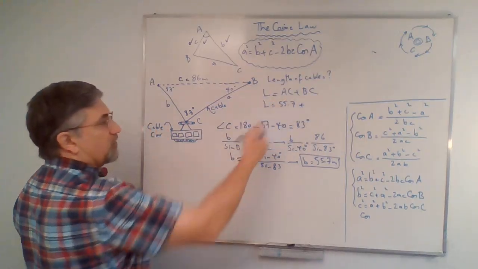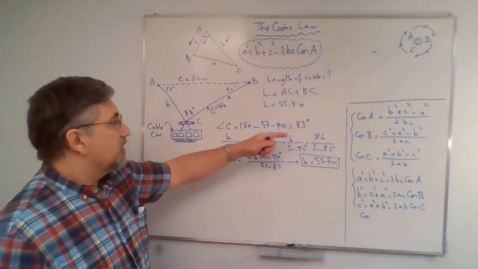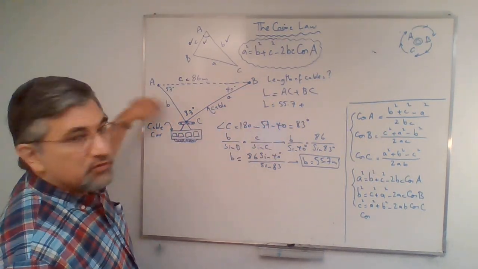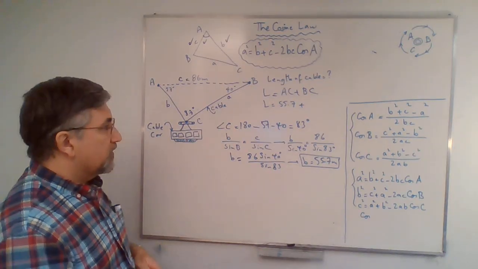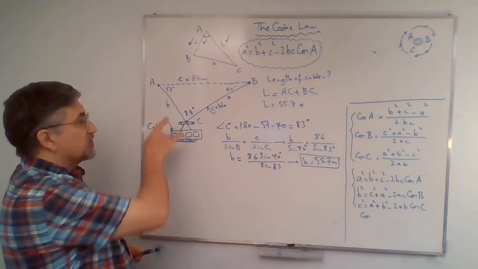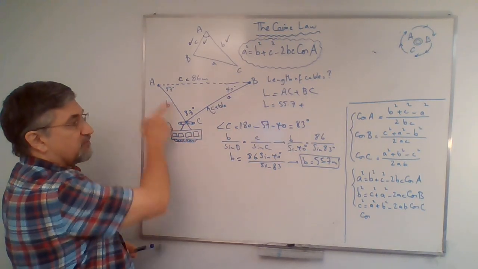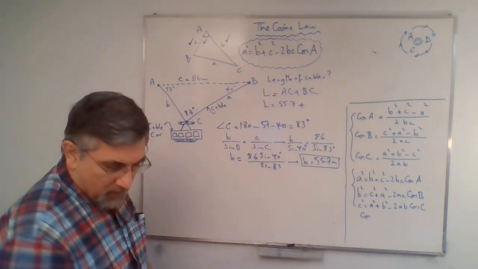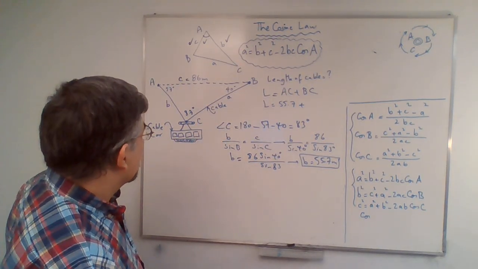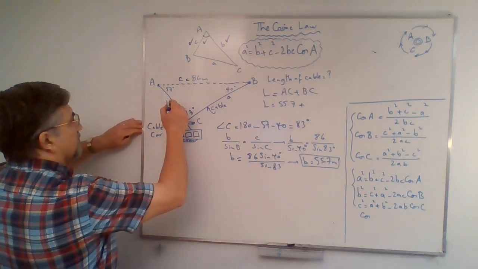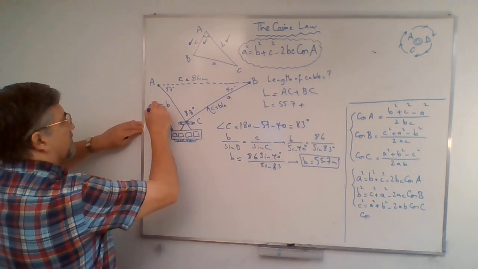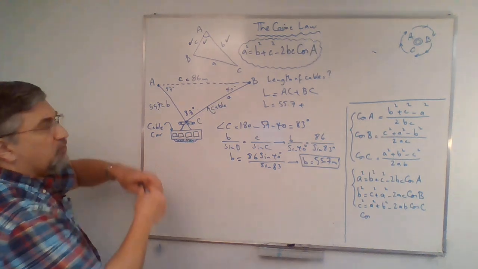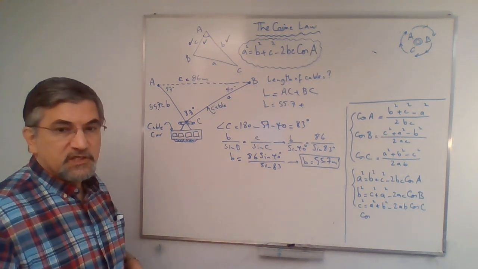Now I need to find side BC somehow, and then I'm going to add them up, and that will be the total length of the cable. We found part of the cable's length, 55.7. The other part, we still need to find. Now I notice something that you may notice as well.